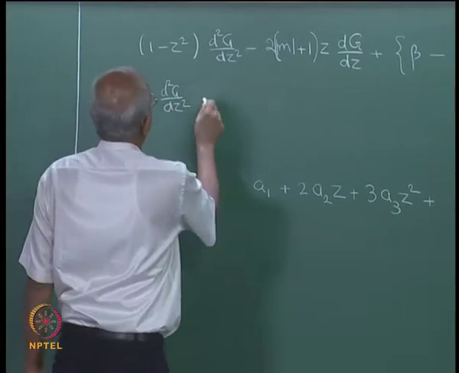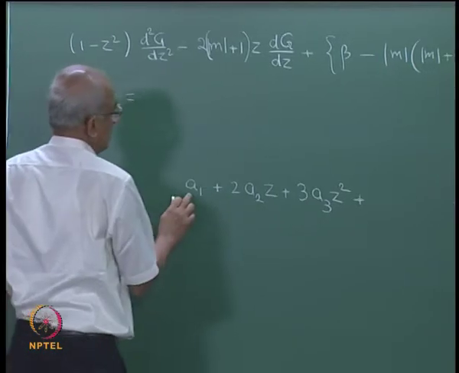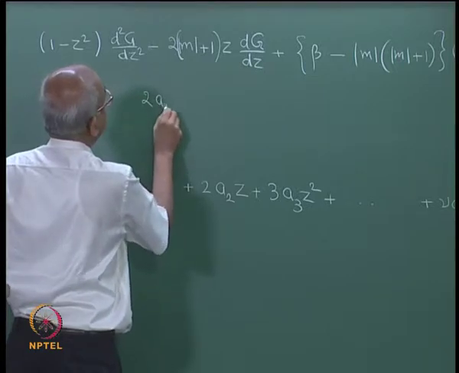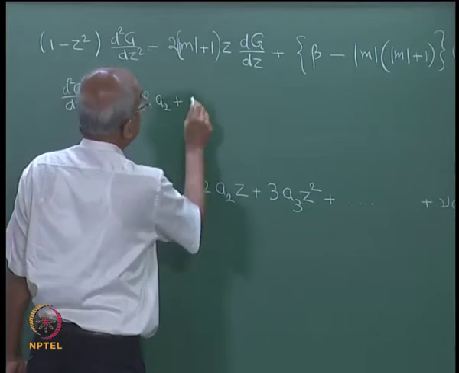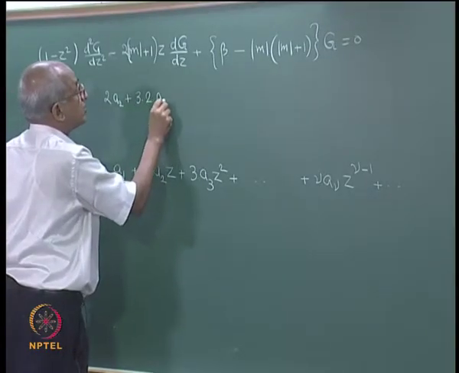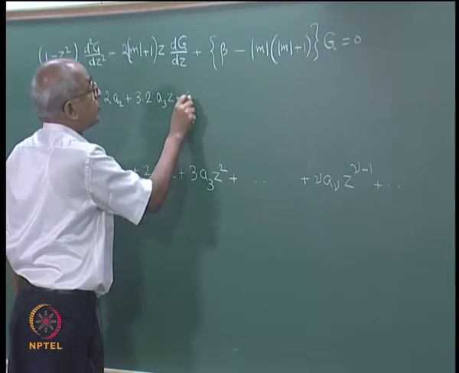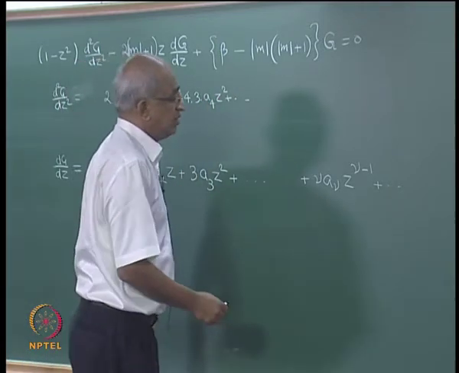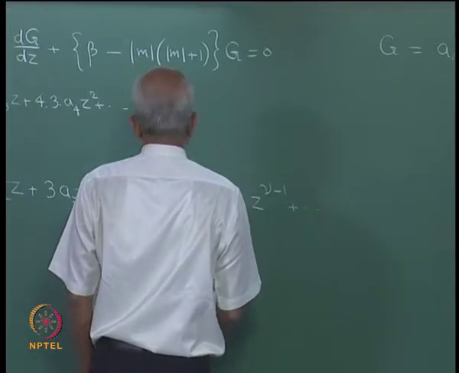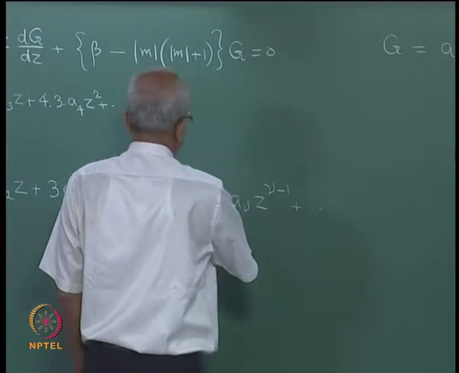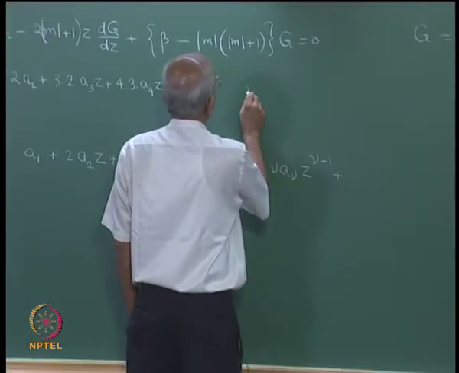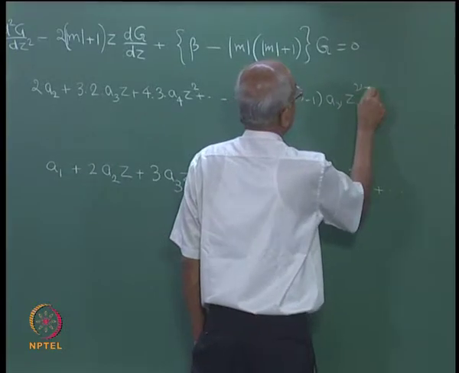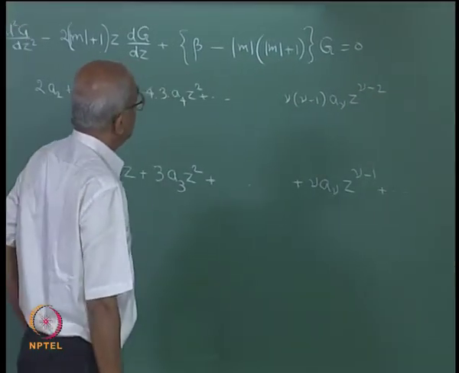So d square G by dz square will be, you have to differentiate this, A1 will disappear, you will get 2 into A2 plus 3 into 2 into A3 Z plus 4 into 3 into A4 Z square plus etc. And what I will do is I will write the term, well, coming from here I would have nu into nu minus 1 A nu Z to the power of nu minus 2.